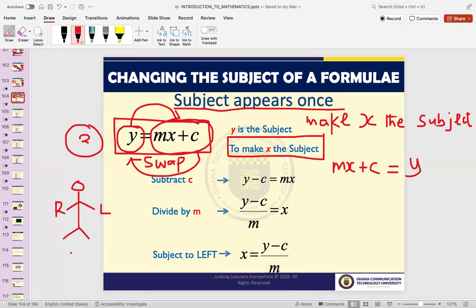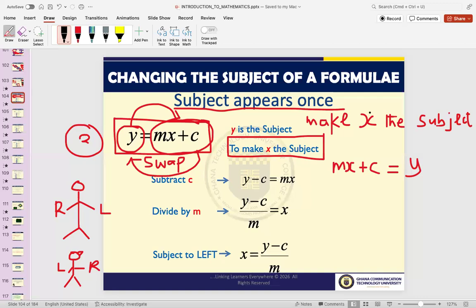But when you turn your back against people, you see that your right becomes your left, and your left becomes your right. So that is the kind of swap I'm doing. Y has swapped to the right, and mx plus c also swaps to the left. So you have mx plus c equals y.